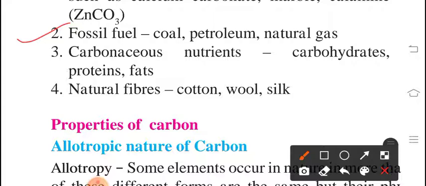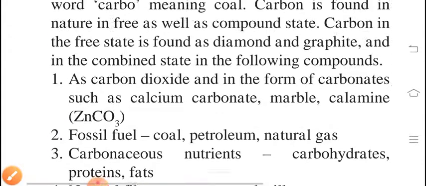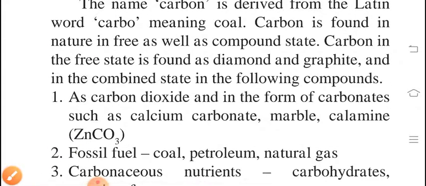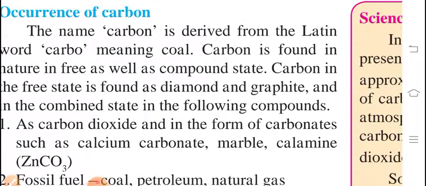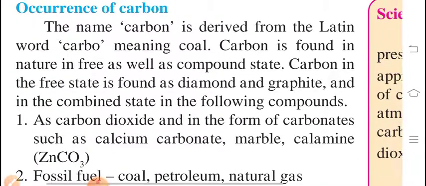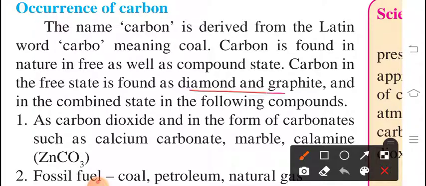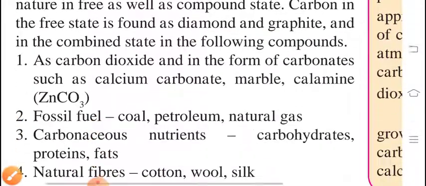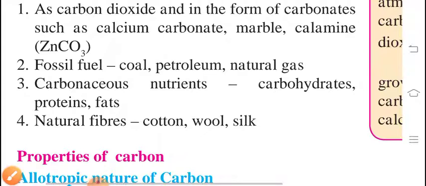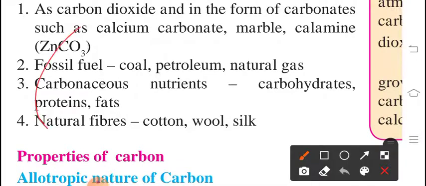Then natural fibers, cotton, wool, silk, also contain carbon. In the free state, carbon is diamond and graphite. In combination with others, we get carbon in all these things.